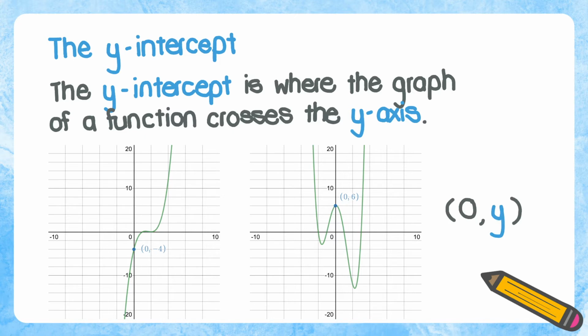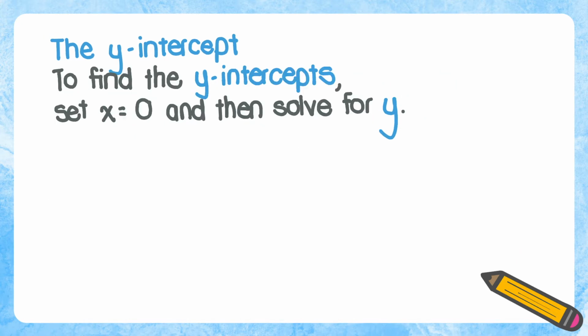Your y-intercepts occur whenever x equals 0. So you can find your y-intercepts when the x value is 0. In other words, to find the y-intercepts, set x equal to 0 and then solve for y.